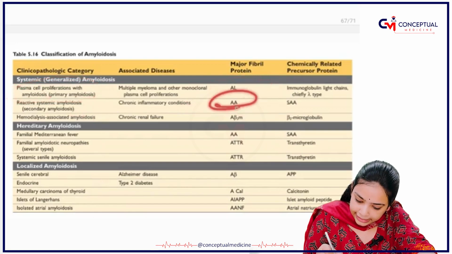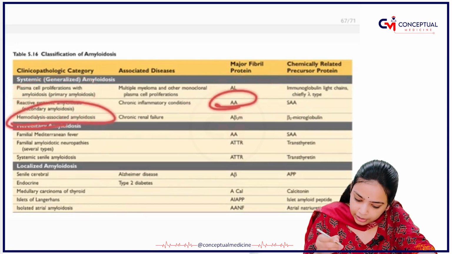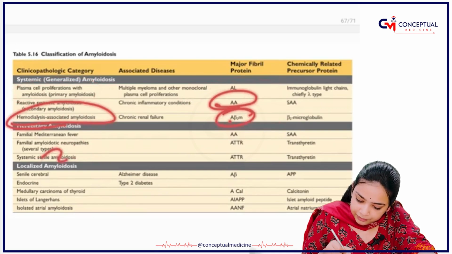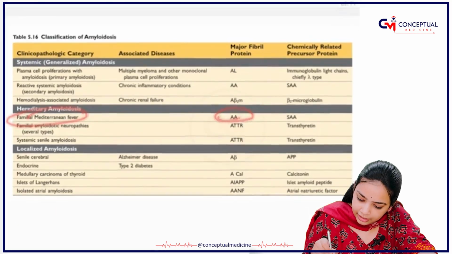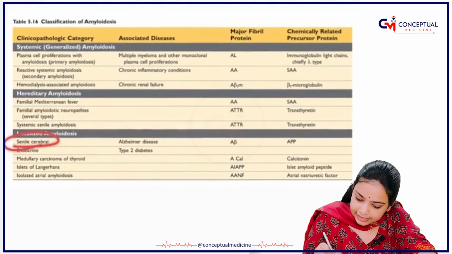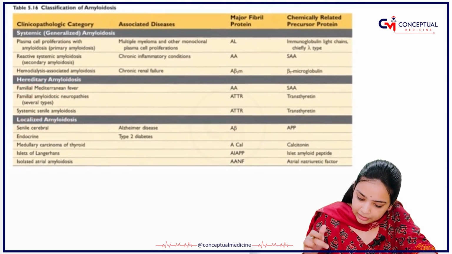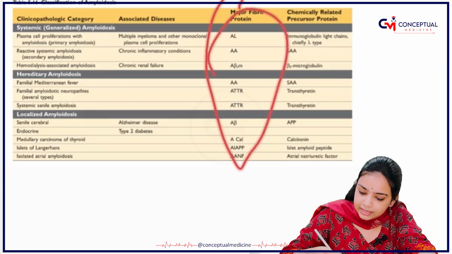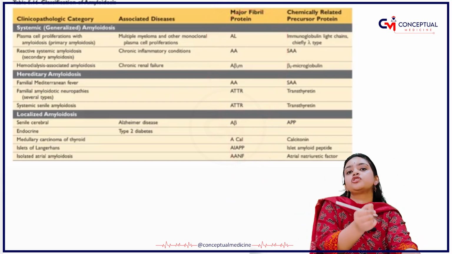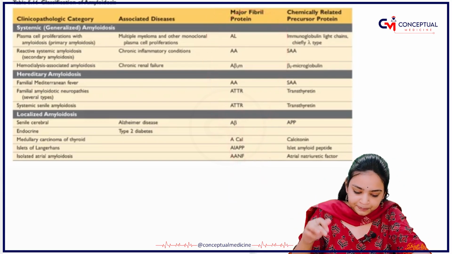Then you have the AA, then the hemodialysis associated, then the familial Mediterranean fever, that is the AA. Then you have the senile cerebral A beta, that is for Alzheimer's disease. In the endocrine, you have type 2 diabetes mellitus. These are the abbreviations you need to keep in mind.